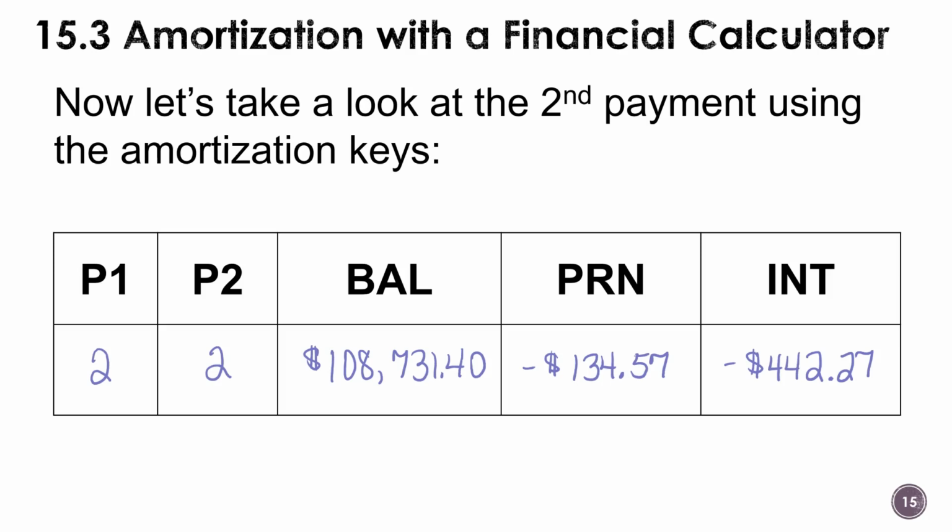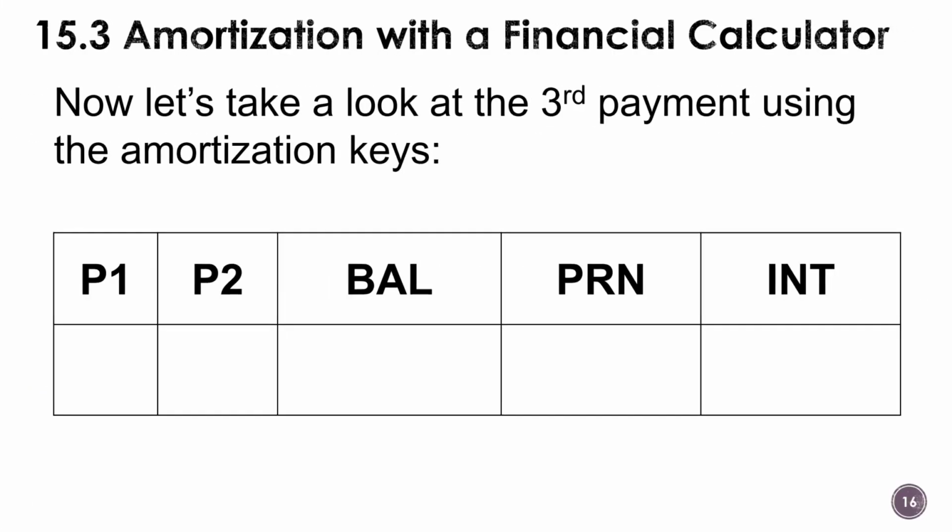So remember, second AMORT, right? Second PV, put in a 2, push enter. For P1, scroll down, put in a 2, push enter for P2. And then we're going to do this one more time. All right, so for payment number 3, we're going to put a 3 for P1, push enter, a 3 for P2, push enter, and then our new balance is 108,596.28.